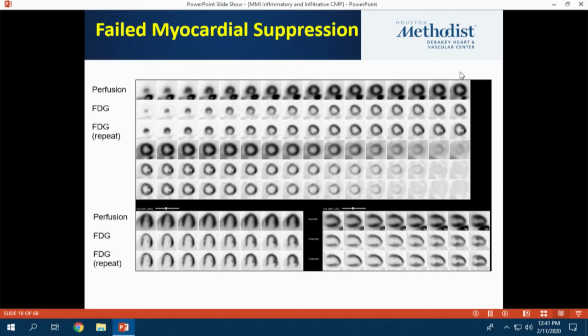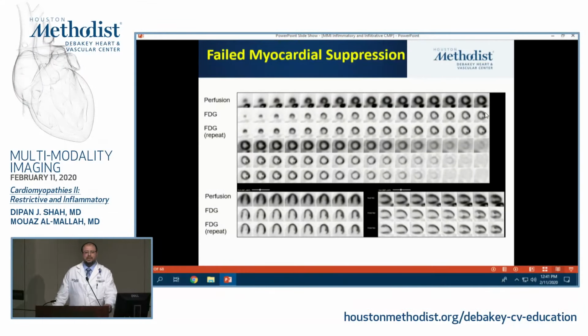And this is one patient where you see normal perfusion on the top. We did the delayed enhancement, and honestly, his pretest likelihood was not that high to start with. So I went ahead, and when we looked at it, there is so much FDG uptake, way out of proportion to what we should clinically expect for the patient. So I brought the patient back and emphasized that he follows the diet.